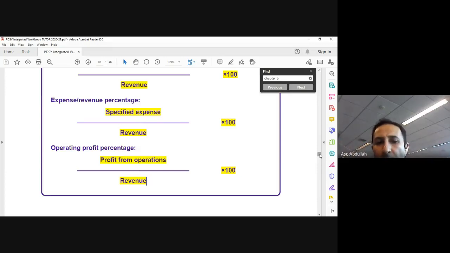Obviously, the purpose of analyzing a company's financial statements through these ratios is to understand the relationship between items, for example, the relationship between profit from operations and revenue, between expenses and revenue, and between cost of goods sold and revenue. This is the pure purpose of analyzing a ratio.